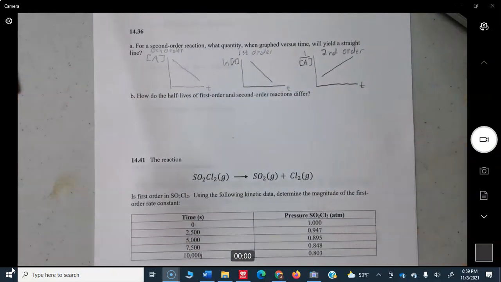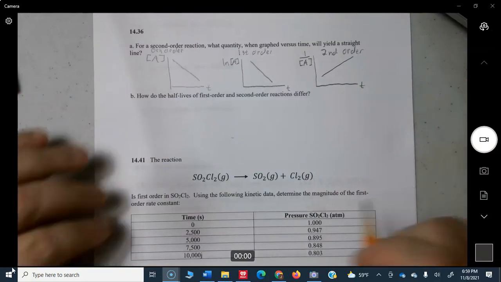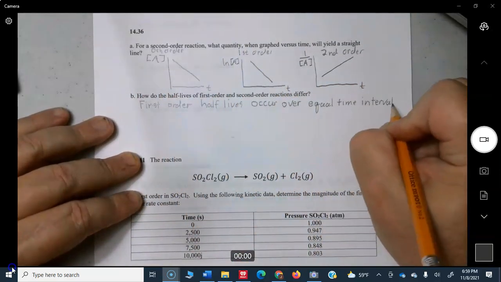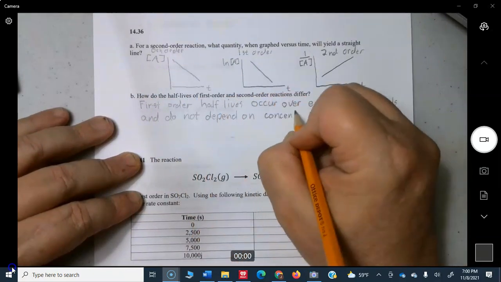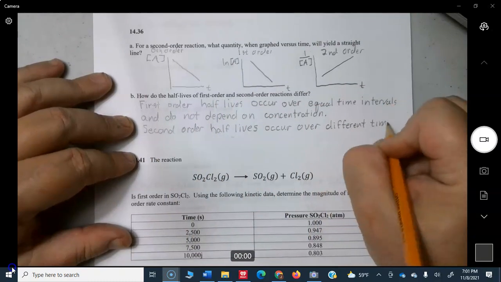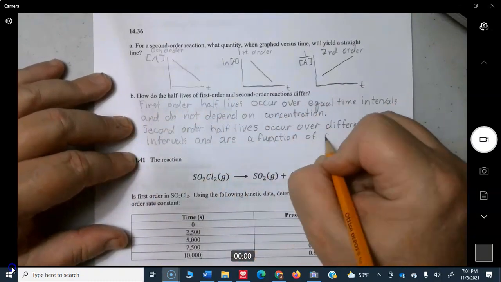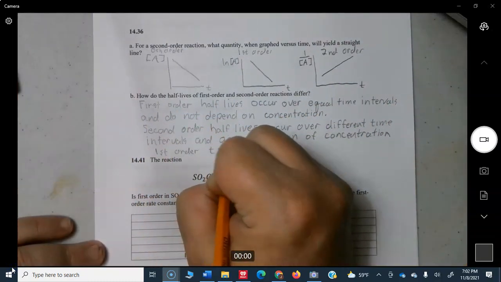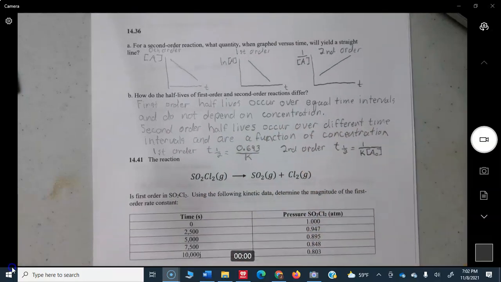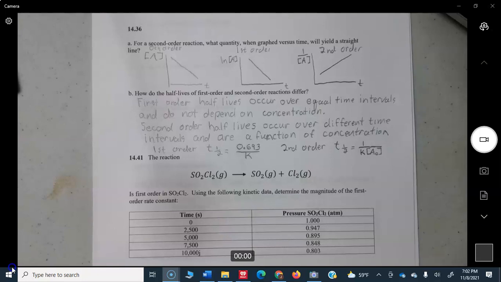Okay, how do the half-lives of first order and second order reactions differ? First order half-lives occur over equal time intervals and do not depend on concentration.